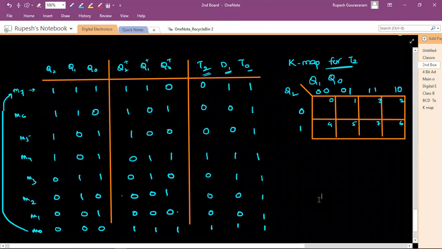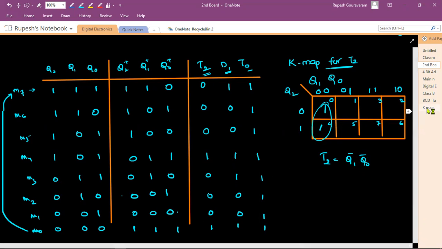Now, T2 is 1 in the case of 4 as well as 0. So 4 and 0. If you combine this, then T2 will be what? Q1 bar into Q0 bar.